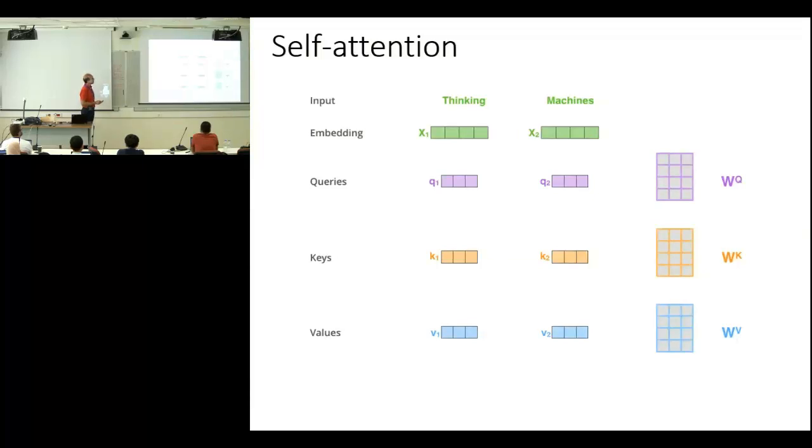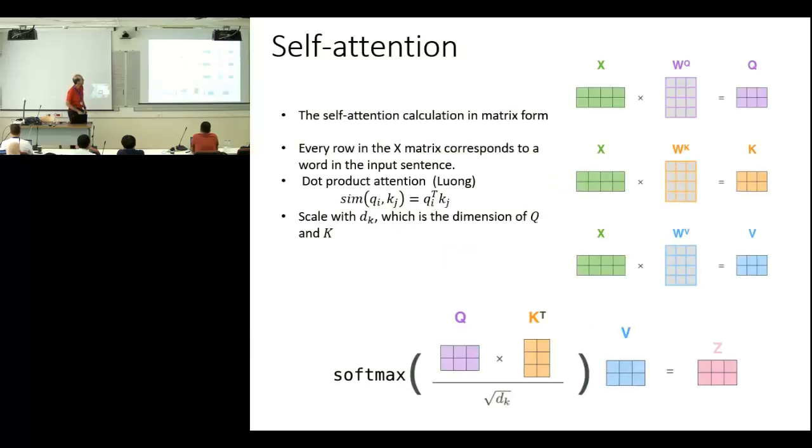If we have the input not as separate vectors but as a matrix, we can do these calculations in parallel, just with matrix multiplication. I show you here that you can produce all that with matrix multiplication. And what is self-attention? Self-attention is described by this very simple mathematical formula. We take the input, multiply with WQ and produce this query matrix.